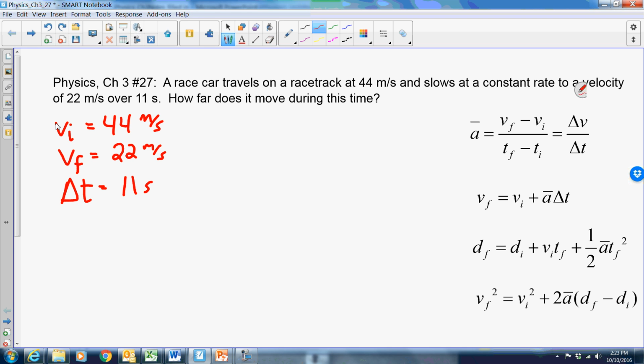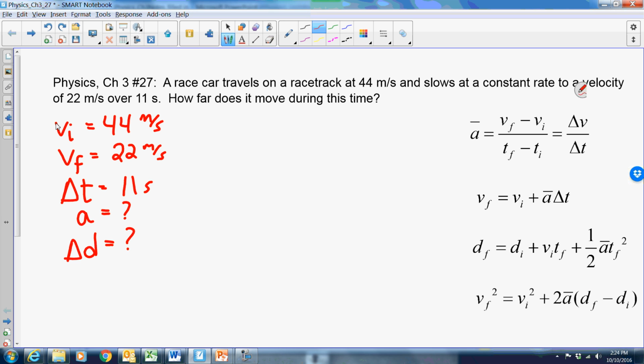Okay, and they're asking for how far, meaning really the change in position or displacement, right? Okay. Interesting, though, that we're kind of missing acceleration. They don't tell us what it is. They just say that it slows down at a constant rate. So we don't know what acceleration is.